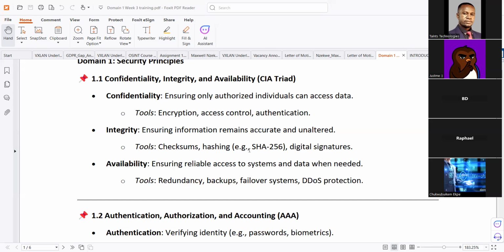Then the tools we use for availability are redundancy, backup, failover systems, and DDoS protection. Like Chukwuemeka said, a DDoS attack can make some data not available. So when you use the protection to counter it, it will be available. Then redundancy. If one fails, the other one picks up.